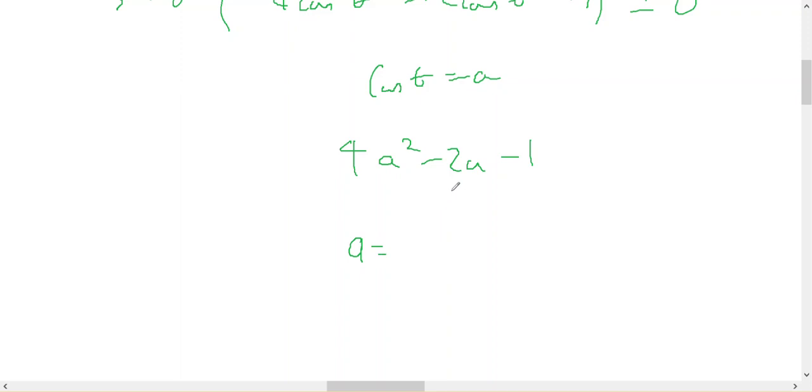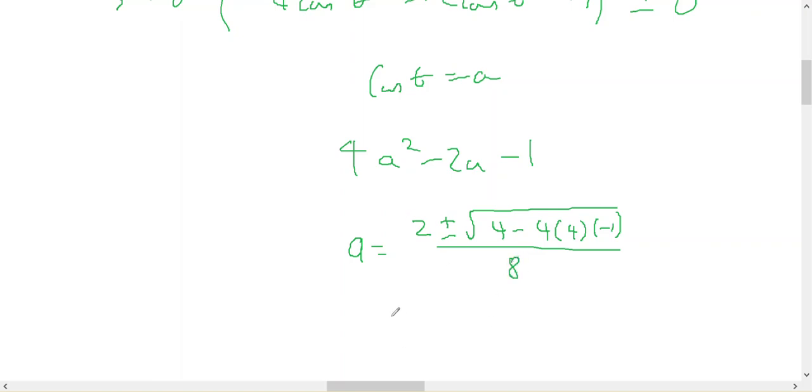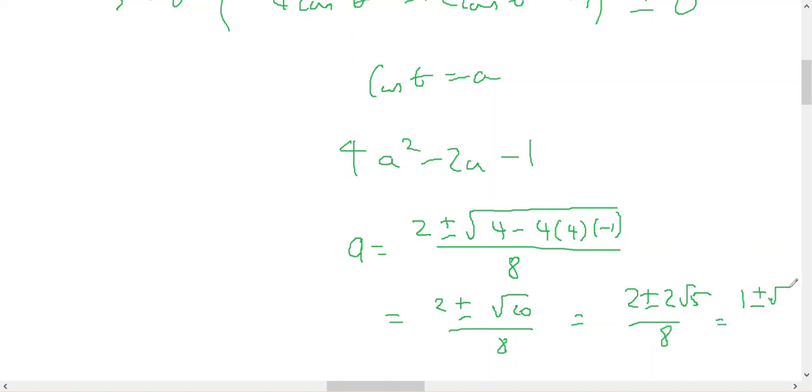So a is going to equal 2 plus or minus the square root of 4 minus 4 times 4, times negative 1, all over 2 times 4, which is 8. 2 plus or minus the square root of 20, all over 8. 2 plus or minus 2 root 5, all over 8, which is 1 plus or minus root 5 on 4.